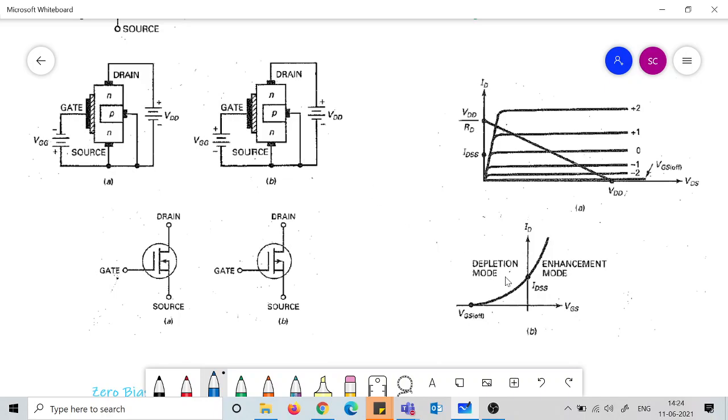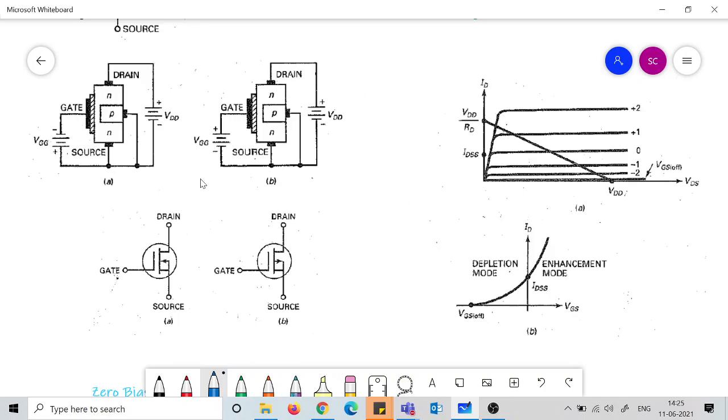Why are these called like this? Please understand, in depletion mode we are increasing the depletion layer. That's why it is depletion mode. In enhancement mode, we are enhancing this channel, this current, the path for the electrons to flow. That is why it is enhancement mode.